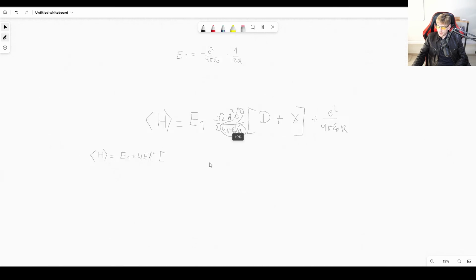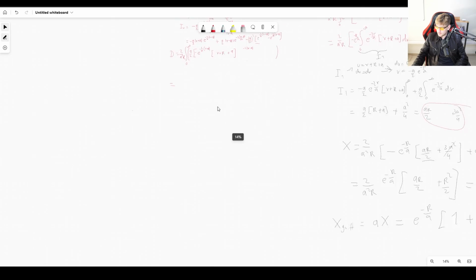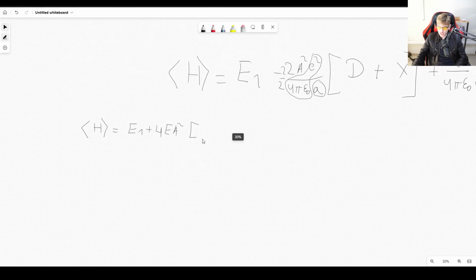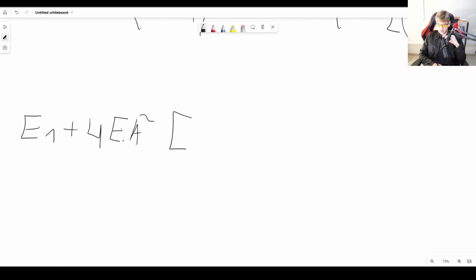And now we need to plug in the result for D. So where is the result for D? It looks like I got rid of it accidentally, but don't worry, I have a backup. Oh, and by the way, this is E1. Okay, so D is a over r minus 1 plus a over r, e to the minus 2r over a.